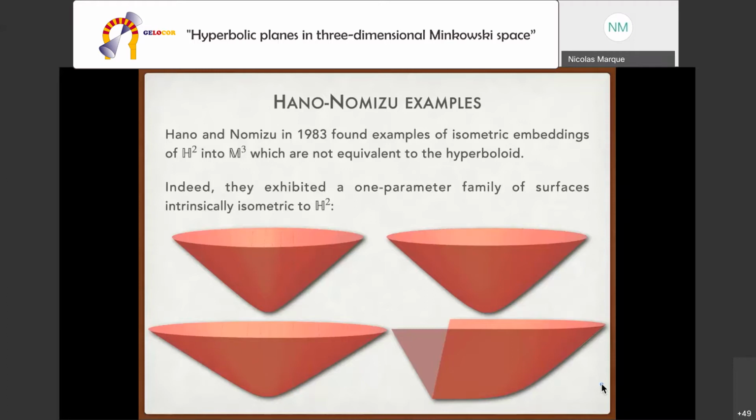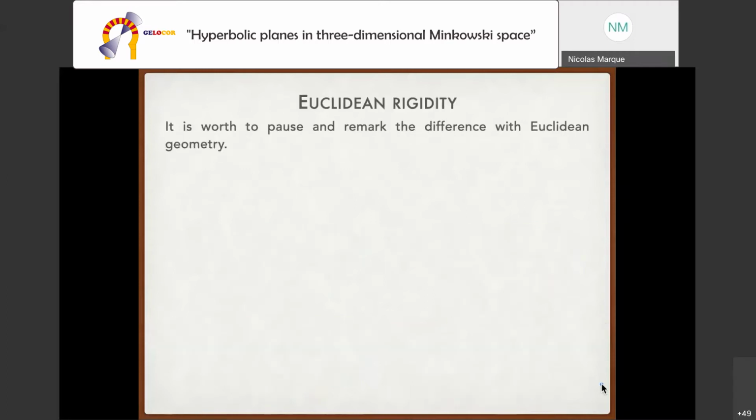But before that, I would like to make an intermezzo and discuss the differences with respect to Euclidean geometry. This slide will be a comparison with the situation in Euclidean geometry.